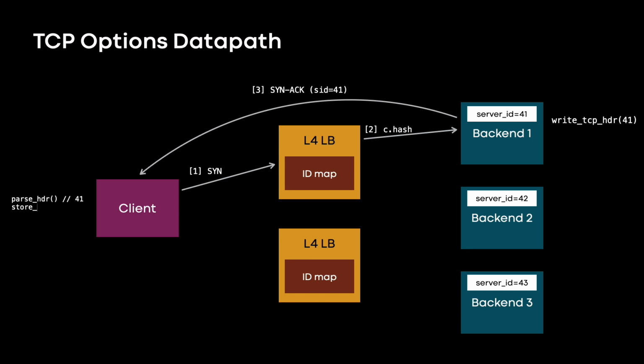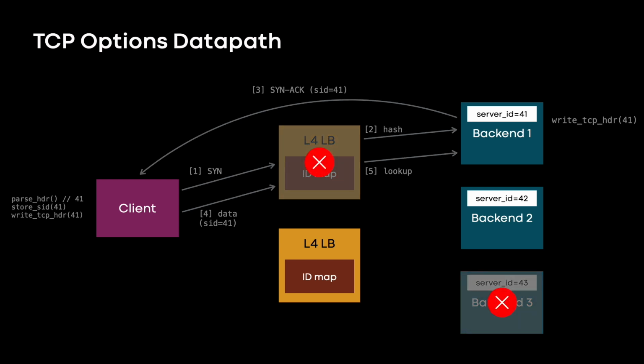On receiving the SYN ACK, the client parses the TCP options header, retrieves the value 41, stores it along with the socket, and then going forward with every outgoing TCP packet, we are going to write that TCP option with the value 41. So such a packet goes to the load balancer, which parses the options and sees our server ID hint there, and now we know exactly which backend it should send to.